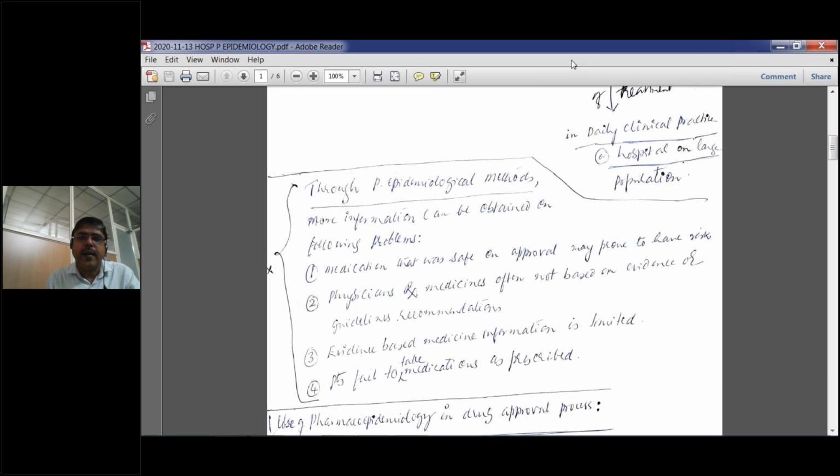Now, when they are trying to give the information about the medicine, the information may sometimes be biased. Now, let's understand what kind of biased information they may give to doctors so that the pharmacoepidemiology concept becomes so much important at the hospital setup.